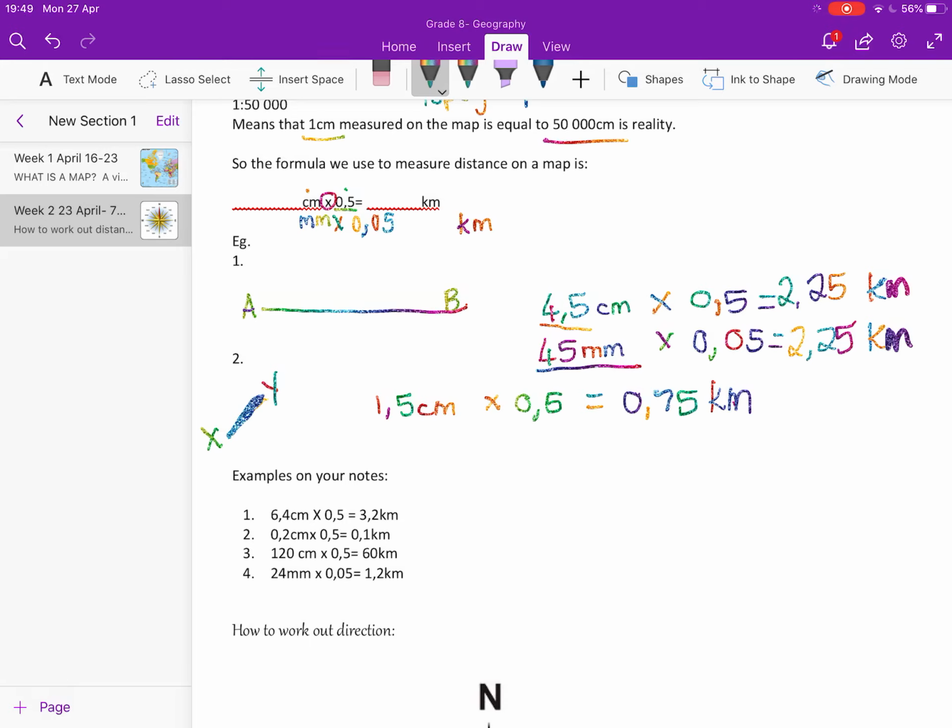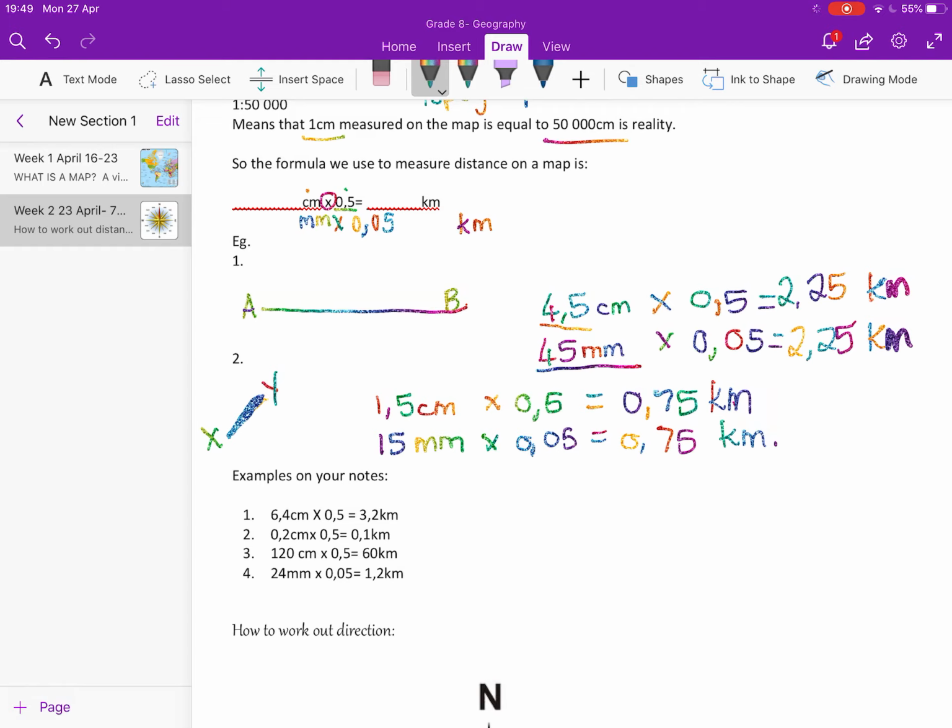And if you had to measure that in millimeters, it would be 15 millimeters times by 0,05, and it would give us 0,75 kilometers.